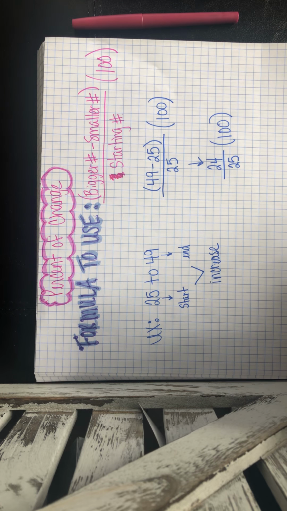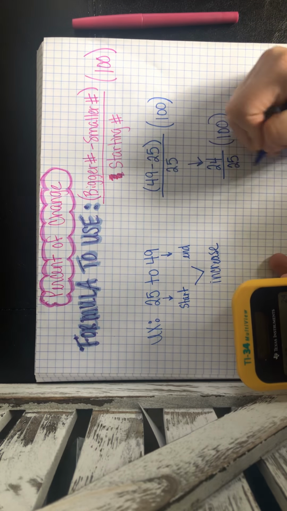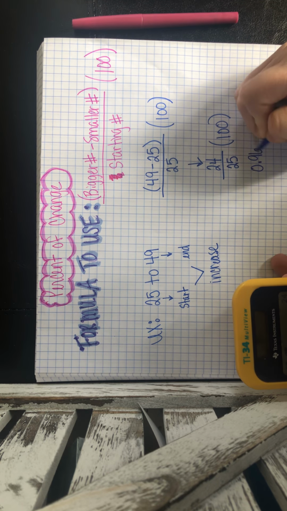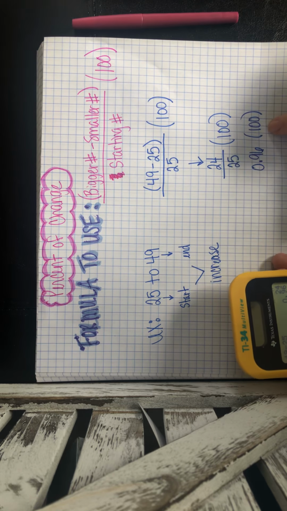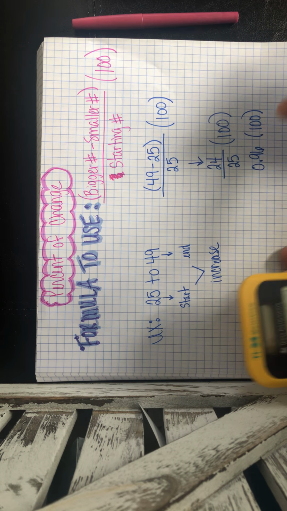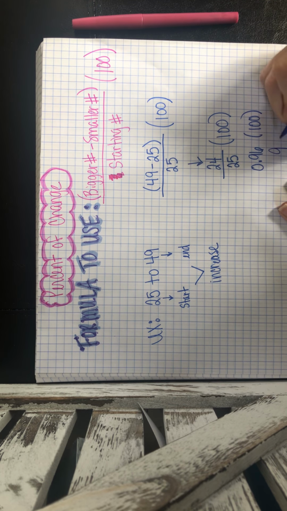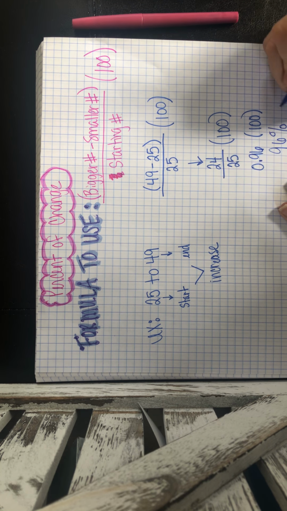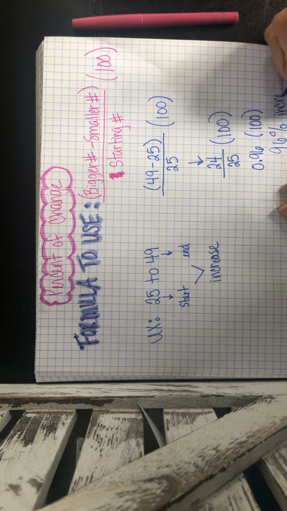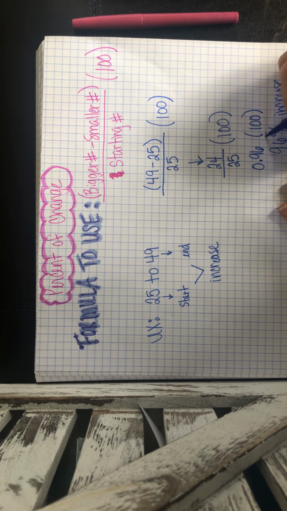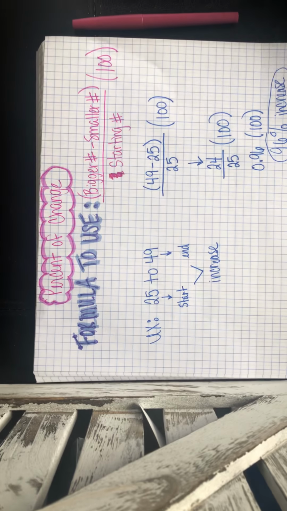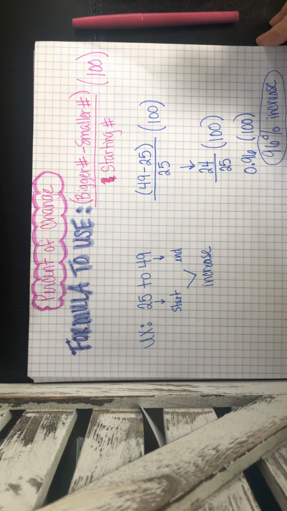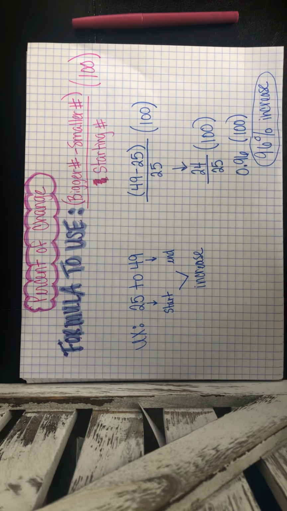Now if I do my next step, 24 divided by 25, that gives me 0.96, times 100. If I multiply these, it's the same as moving 2 places to the right. So it's a 96% increase in value. That is your answer there. I'll give you a second to copy that down.